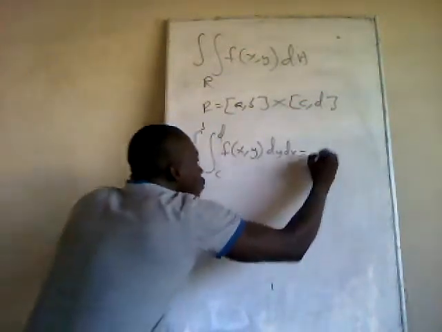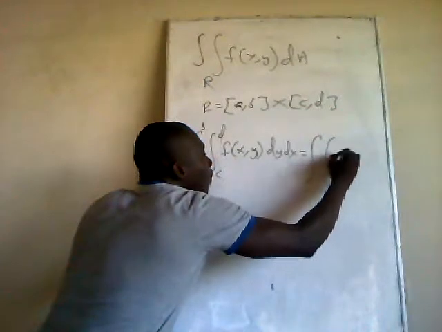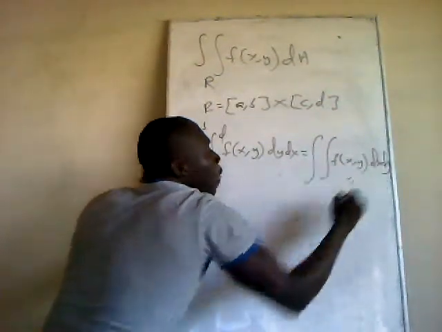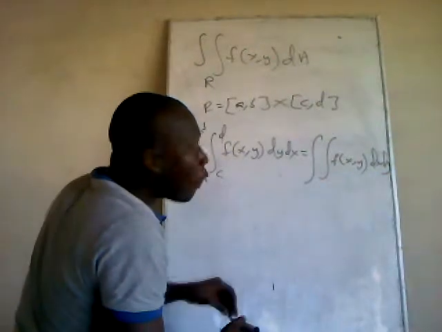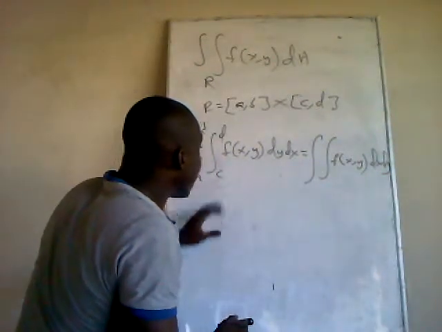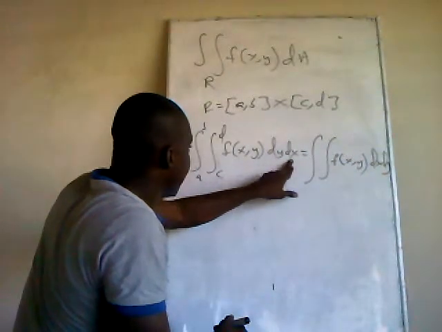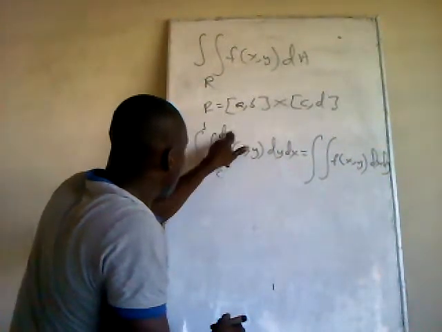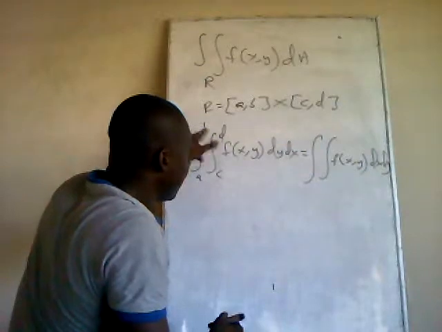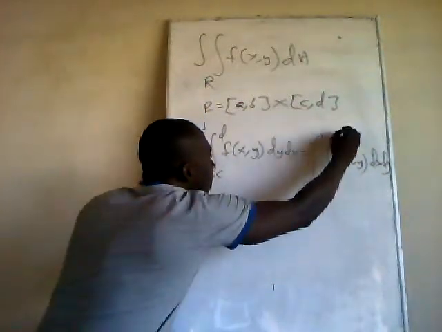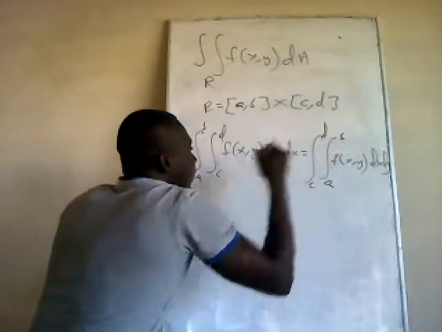It is equal to dx dy. Fubini says it doesn't really matter. I can first integrate with respect to y and then x, putting my y limit here and the x limit there. Because now here is x, I'll put a and b in front now, and c and d.